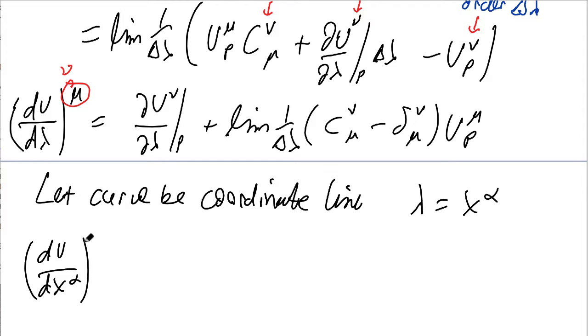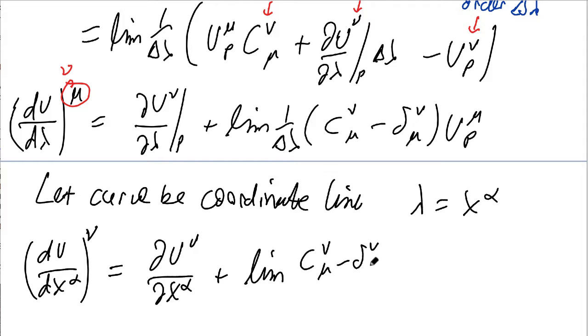That would be the derivative of the vector field along the coordinate line x alpha, and we take the nu-th component of that, and that's equal to the ordinary derivative of the components of the vector field, v nu, with respect to x alpha, plus the limit of (C nu mu minus delta nu mu) over delta x alpha, all of that times v mu, the components of the vector v. And it's understood that everything here is evaluated at a common point P.